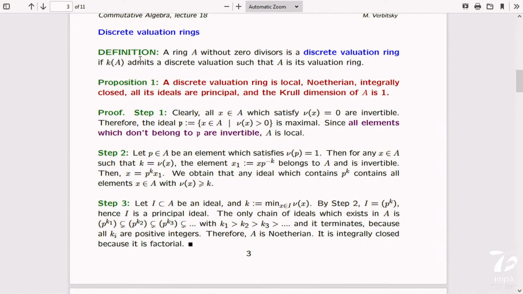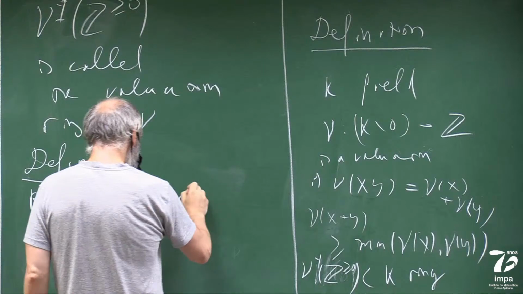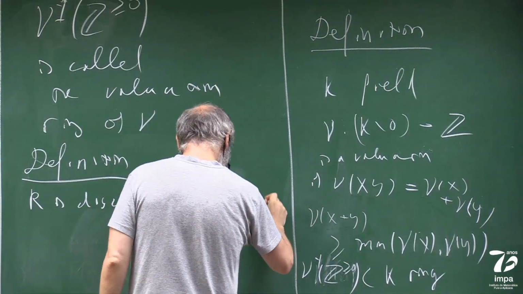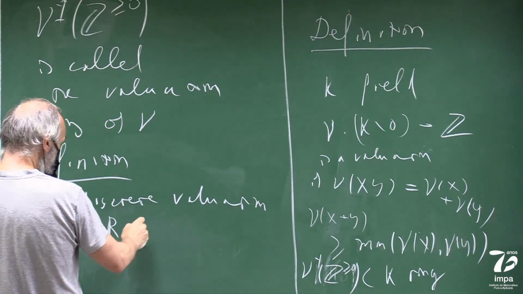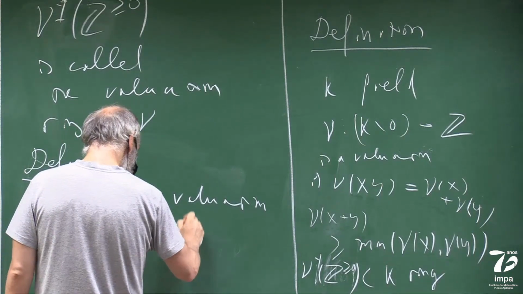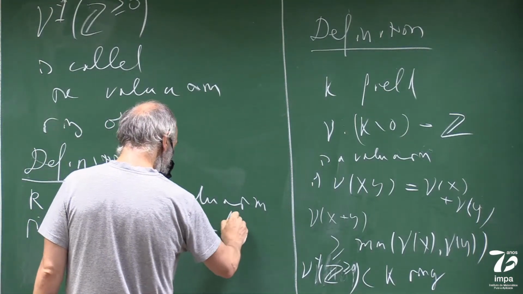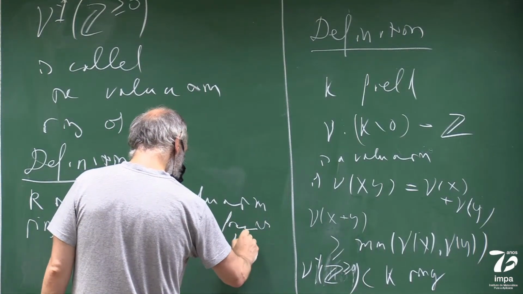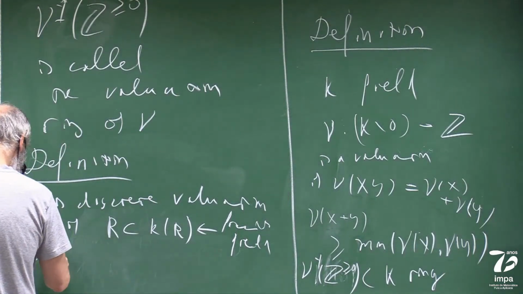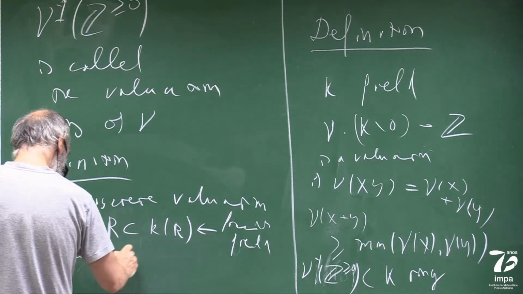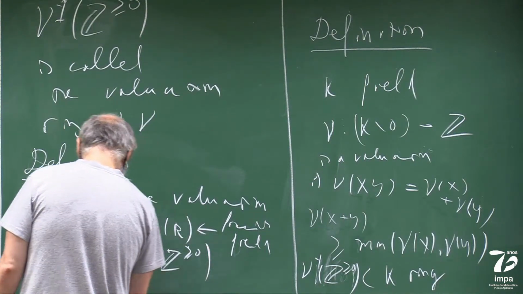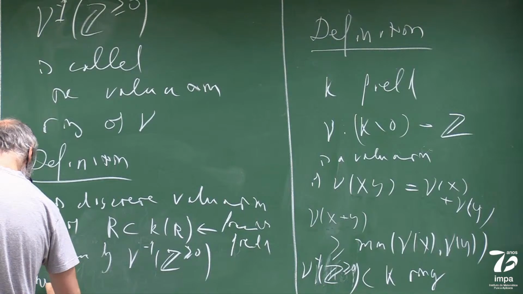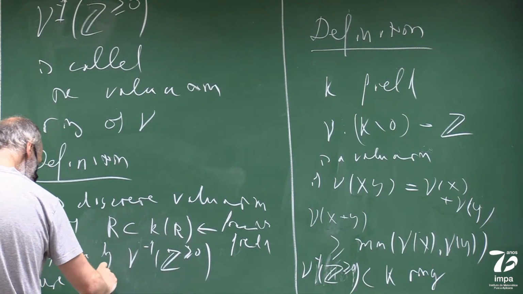Okay, the definition: R is a discrete valuation ring if R has no zero divisors, and, where K is the fraction field, R is given by nu minus 1 of the non-negative integers, where nu is a discrete valuation.